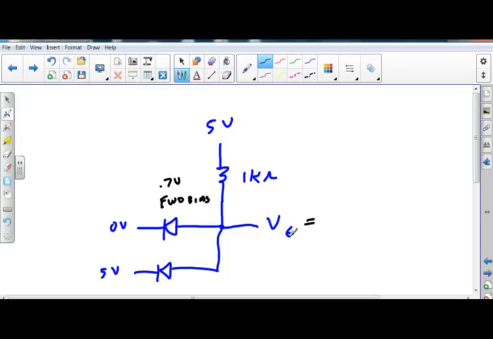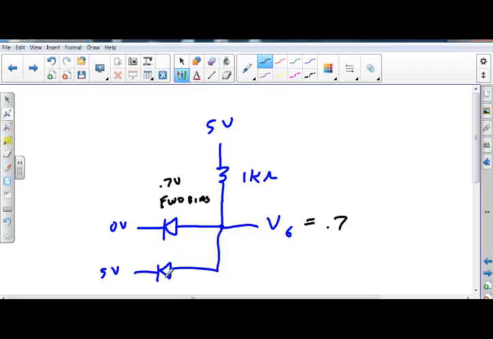My voltage at 6 is going to be 0.7 volts. So I'm 0 on this side of the diode. I have a 0.7 volt drop across the diode. Voltage at 6 is going to be 0.7 volts.